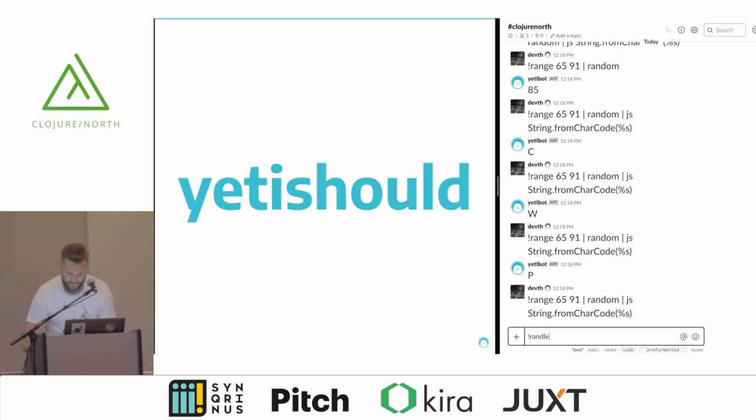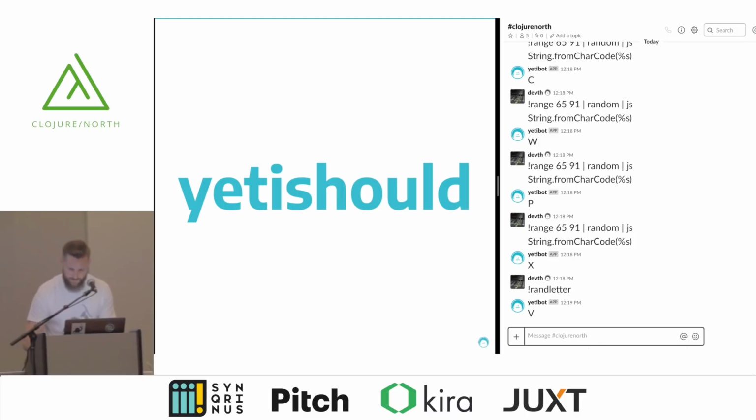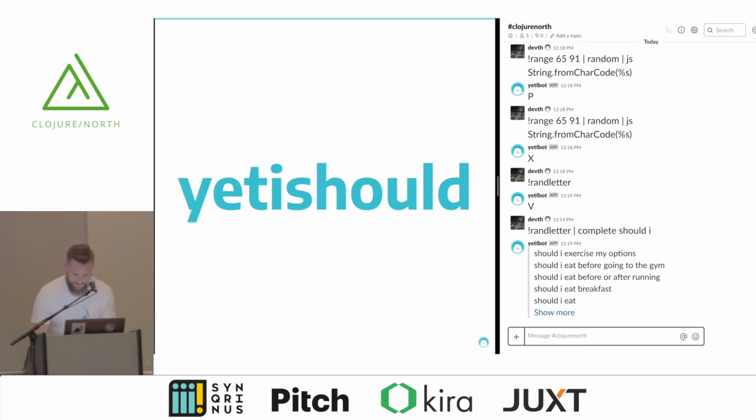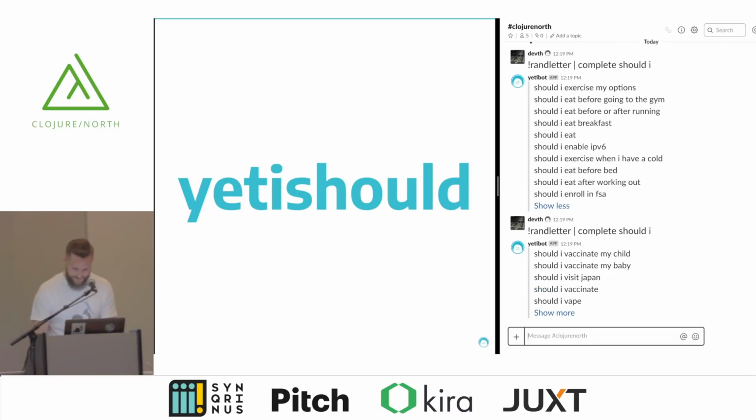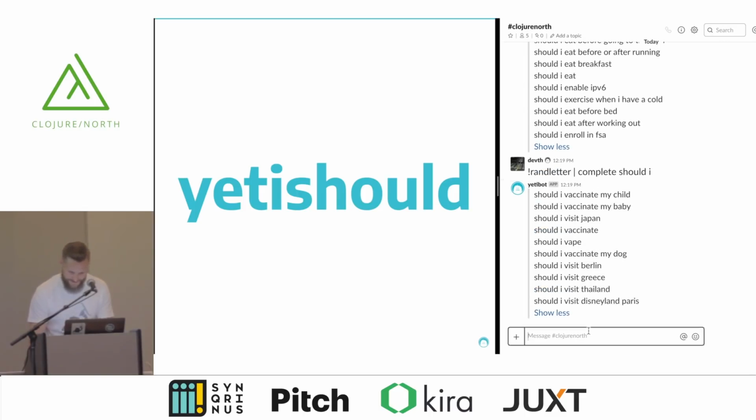So if we try that a few times, grab rand letter and pass it over to complete should I. Complete is one of the first commands that I built on Yetibot, and it simply uses Google Complete's API, which is pretty fun. So rand letter piped to complete should I is what gives us these kind of bizarre and fun completions.